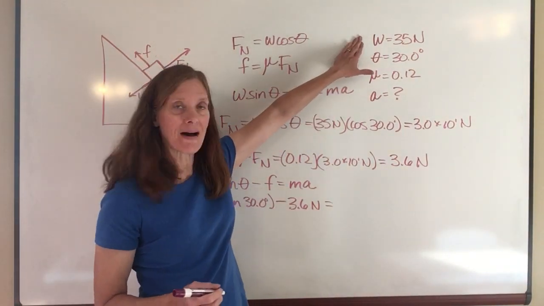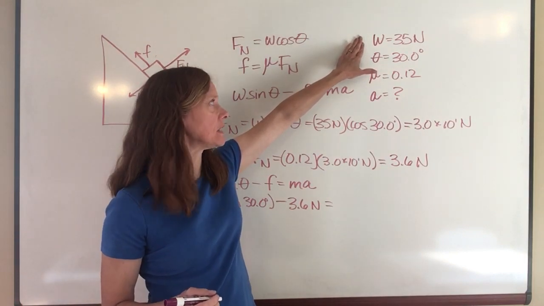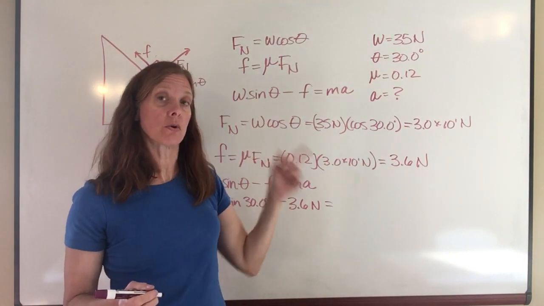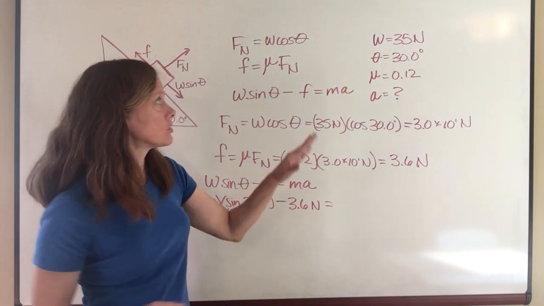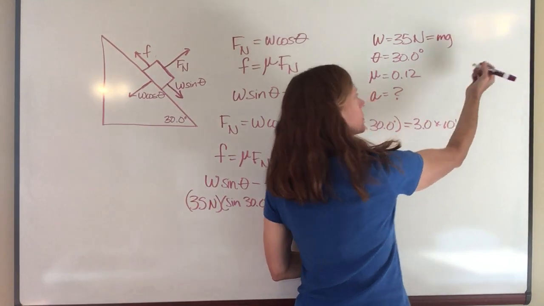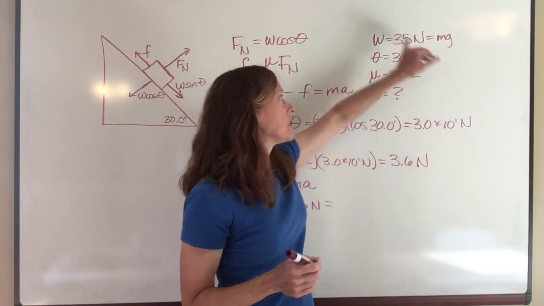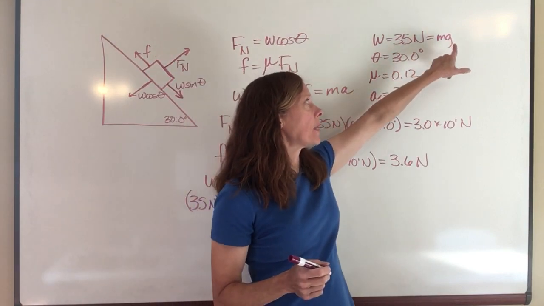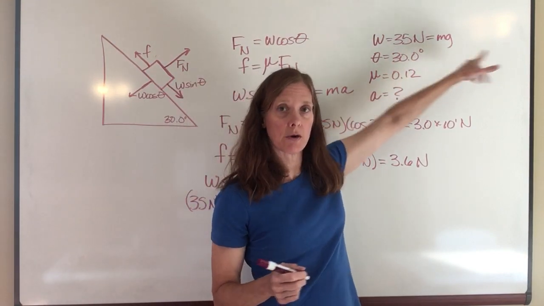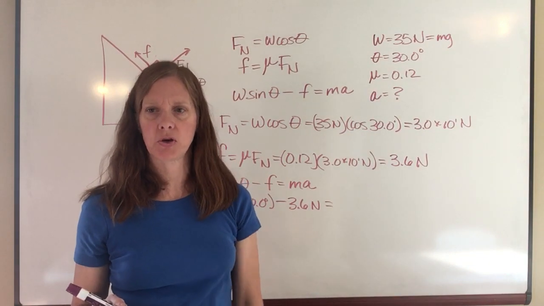Well, if I have the weight, I should be able to calculate the mass pretty easily because we know that weight equals mass times gravity. So if this equals mass times gravity, and you know that gravity is 9.8 meters per second squared, you're going to take 35 newtons divided by 9.8 meters per second squared in order to come up with the mass. We've done a lot of those problems, so that shouldn't be difficult for you.